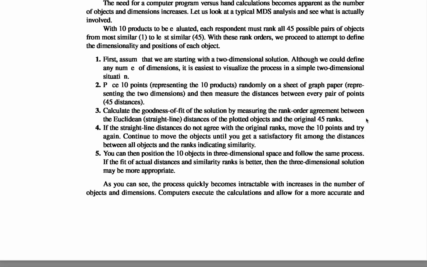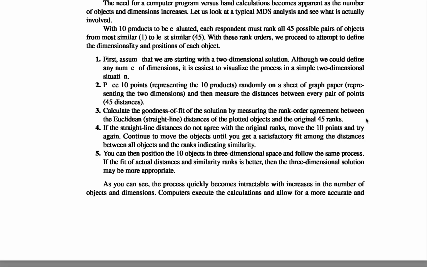If the straight-line distances do not agree with the original ranks, move the 10 points and try again. Continue to move the objects until we get a satisfactory fit between the distances between the objects and the ranks indicating similarities. You can then plot the 10 objects in three-dimensional space and follow the same process. If the fit of actual distances to similarity ranks is better, then the three-dimensional solution may be more appropriate.